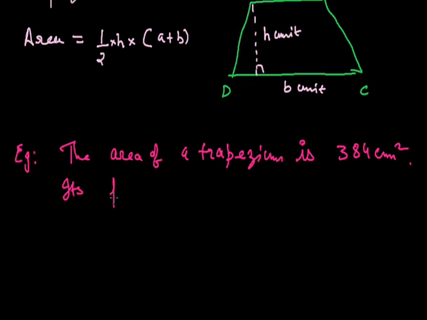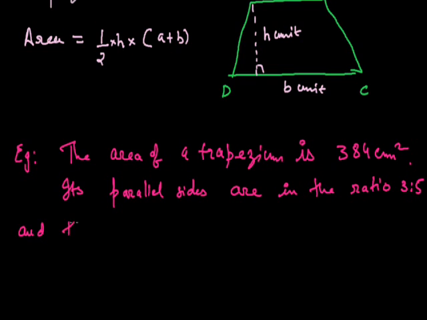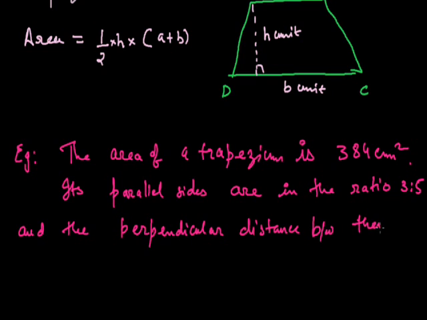Its parallel sides are in the ratio 3:5, and the perpendicular distance between them, that is between the parallel sides, is 12 centimeter. We have to find each side.